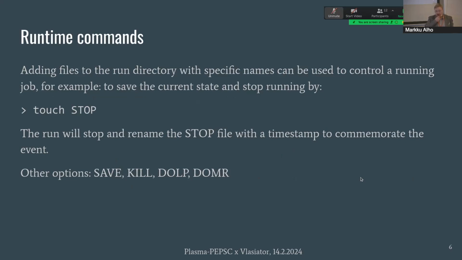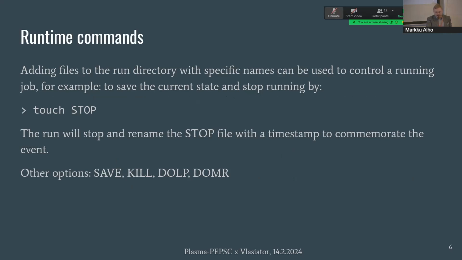And we can also force writing a restart file if we see that there might be something going wrong, or that there's going to be some maintenance break, like unannounced, some problem somewhere. So we might actually want to manually tell the code to save the state.